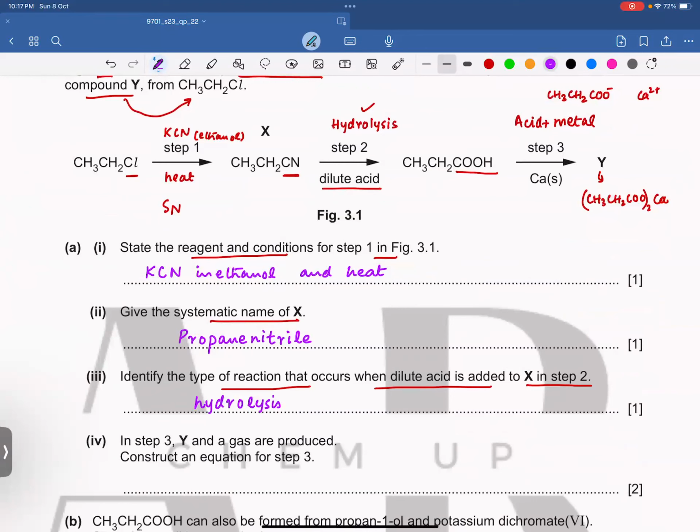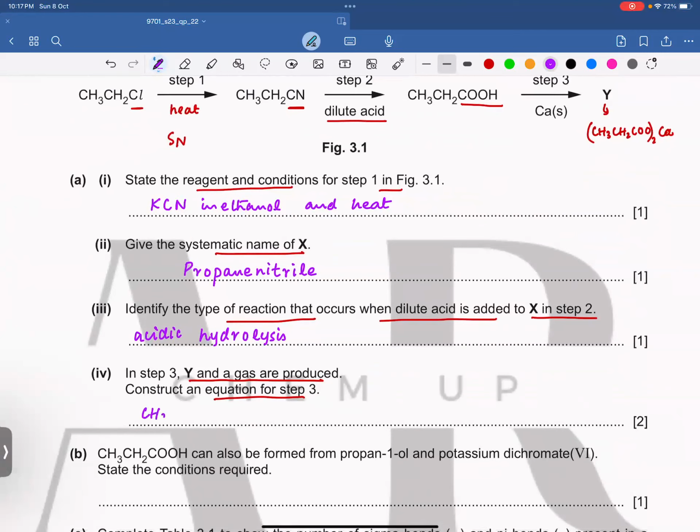In step 3, Y and a gas are produced. Construct an equation for step 3. So you have to write the equation. In step 3, our reactant is CH3CH2COOH, which is reacting with calcium. If I recall the word equation, when an acid reacts with a metal, the two products we get are a salt and hydrogen gas.